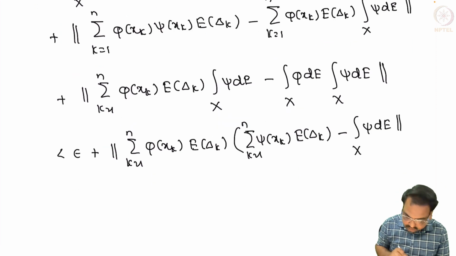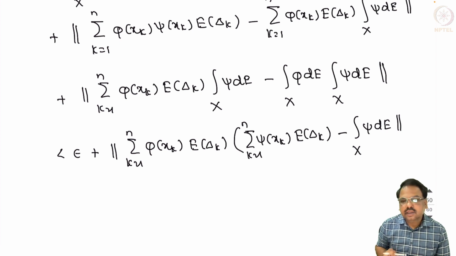This is because Δ1, Δ2, ..., Δn is a partition of X, and since the Δk's are disjoint, E(Δk) times E(Δj) is nothing but 0.